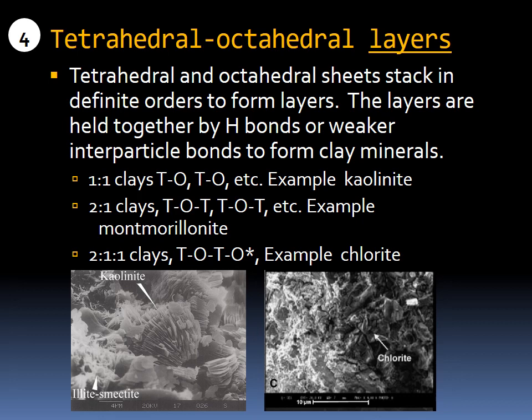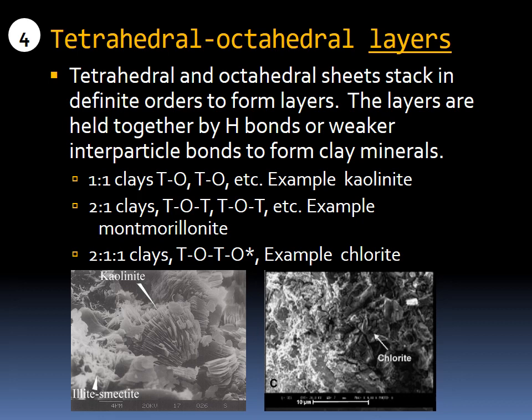Now, let's stop for a moment and go back to look at where we started. We started by looking at the atomic structure from very, very small, tiny details. And we have seen the difference between tetrahedron and octahedron. And then we moved to the sheet level. When you put tetrahedrons together, you form a tetrahedral sheet.